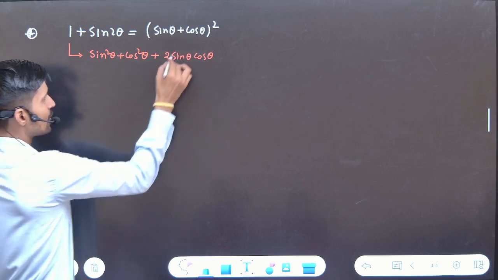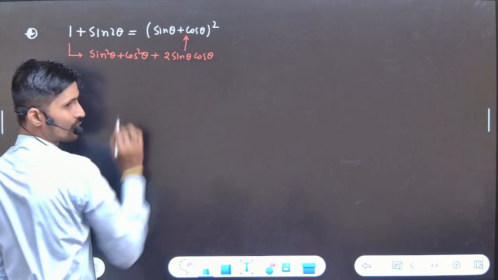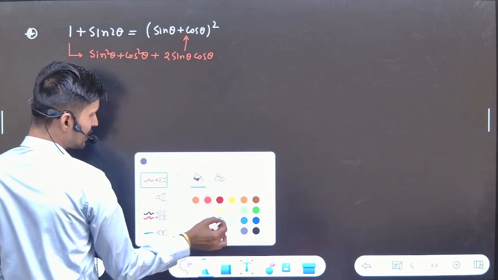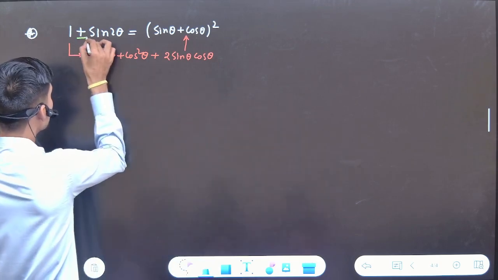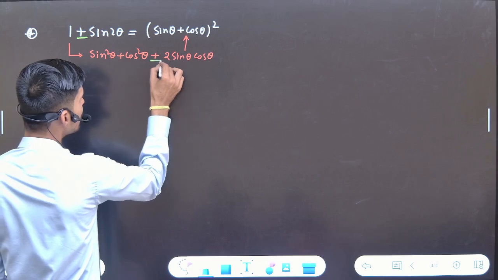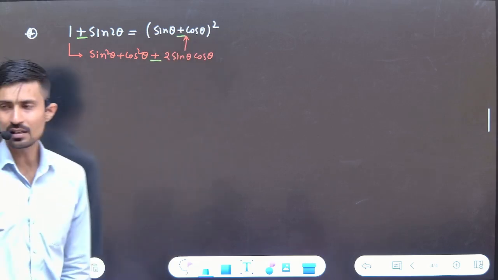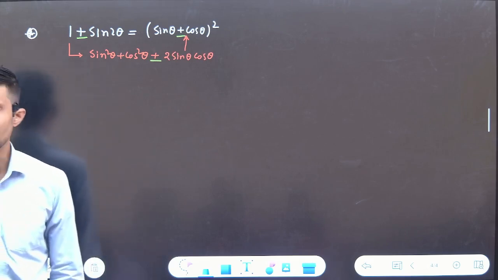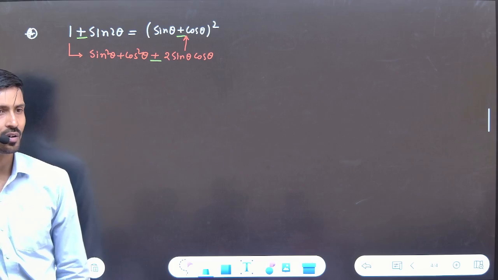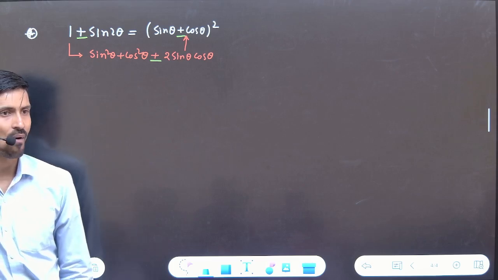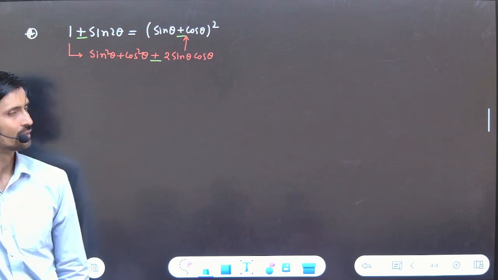Yes or no? So after that, this will directly change to this formula. If we have a minus sign between both, one minus sine 2 theta becomes sine theta minus cos theta whole square. Okay? Quickly, write it down.